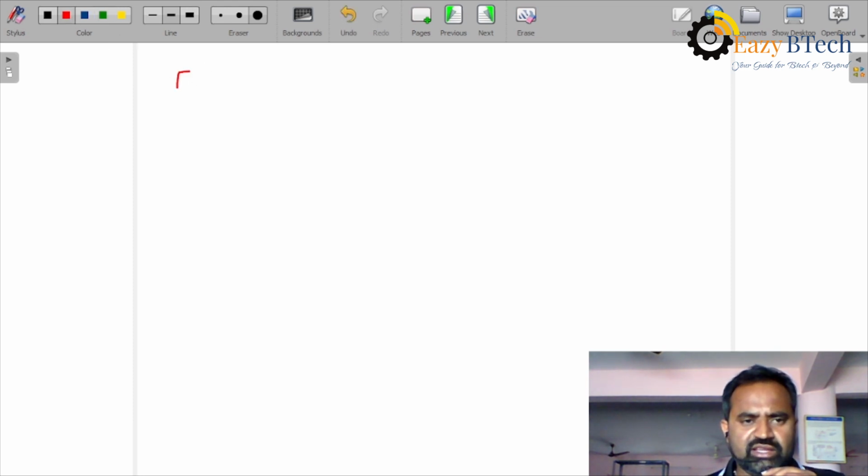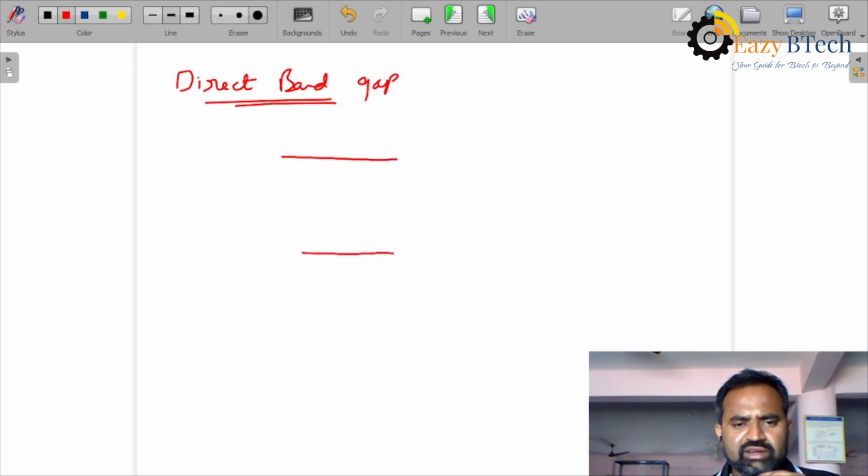Now if you see the direct band gap from the E-K diagram, this we call the conduction band, this we call the valency band.